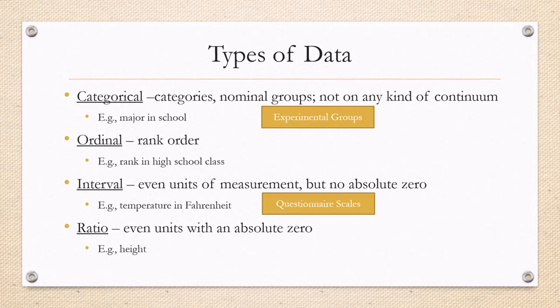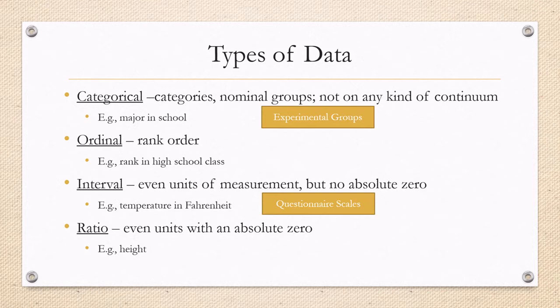Ordinal data is in a rank order. So you can think about rank order of a high school class. Interval data is on a scale of even units of measurement, but there is no absolute zero.